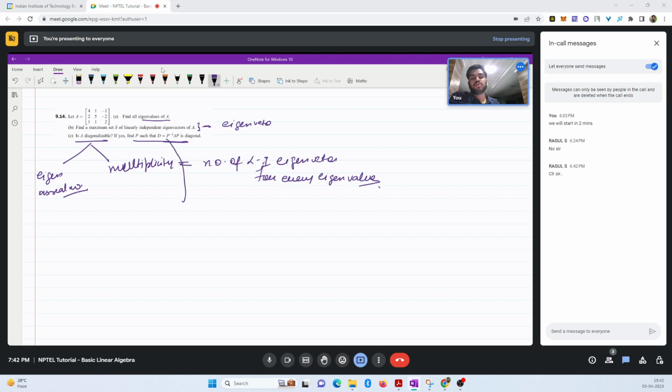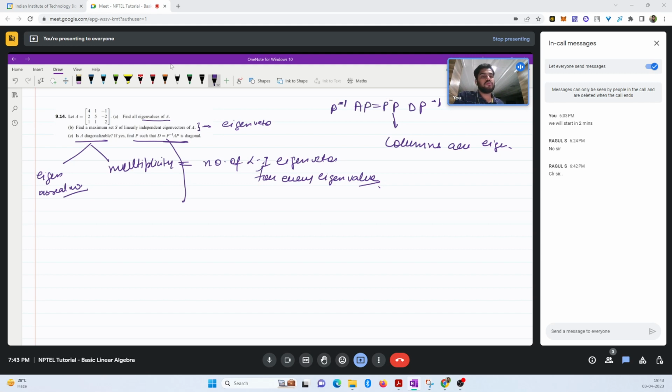So here, what I said is that your A is equal to P D P inverse, then P's columns are your eigenvectors. Now what they have done is they have flipped this. They have pre-multiplied by P inverse and then written P on this side.